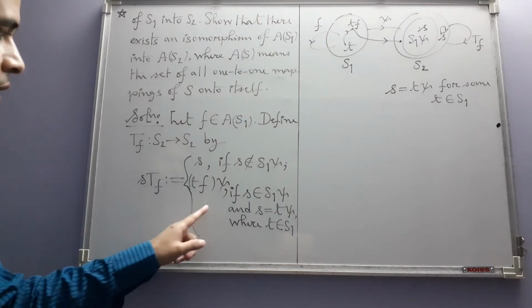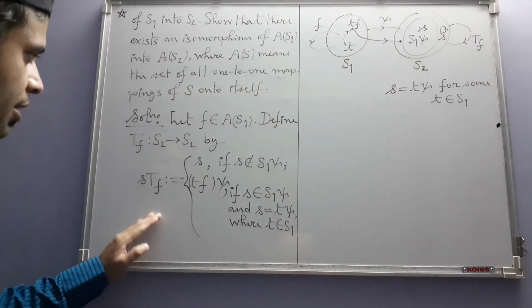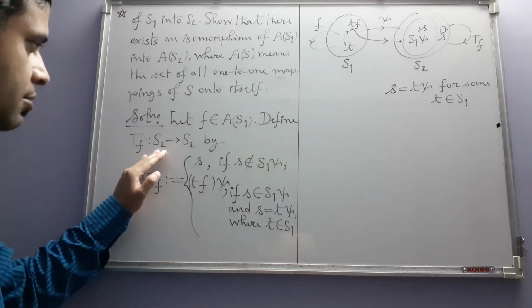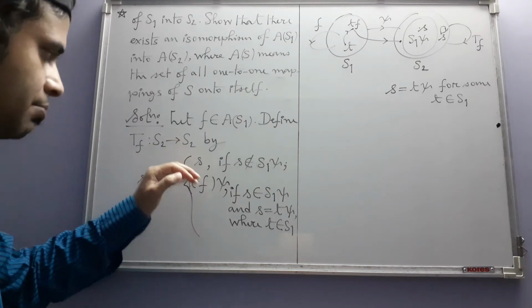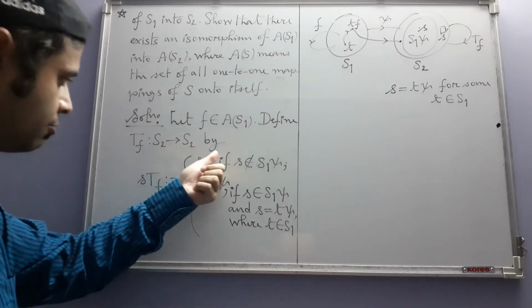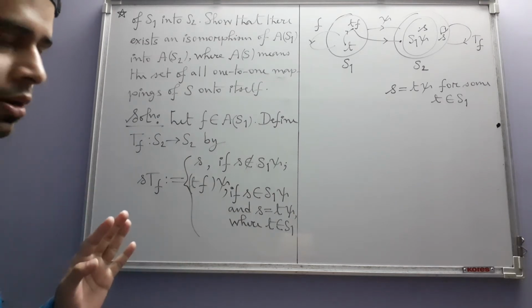So ultimately we are getting an element in S2. As far as the map TF is concerned, it is taking inputs from S2, and the outputs also lie in S2. So that much is clear.